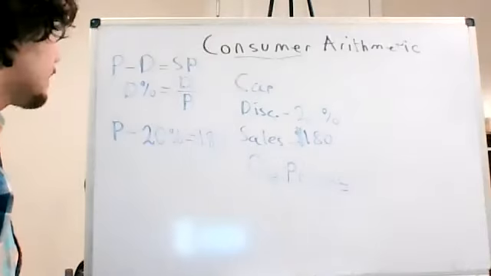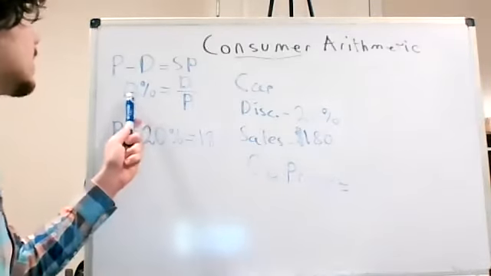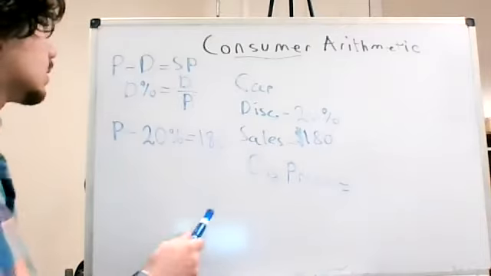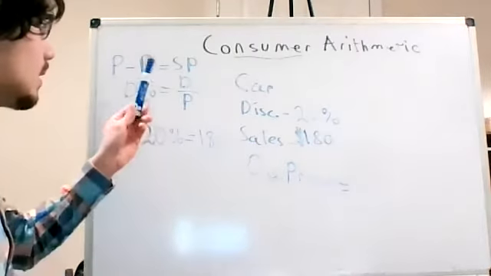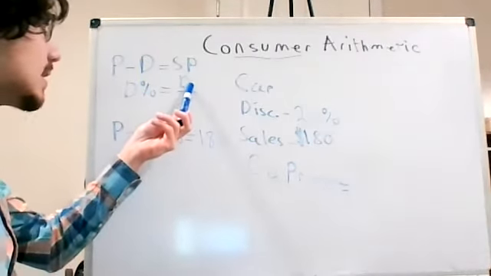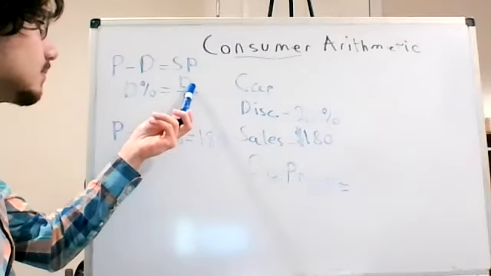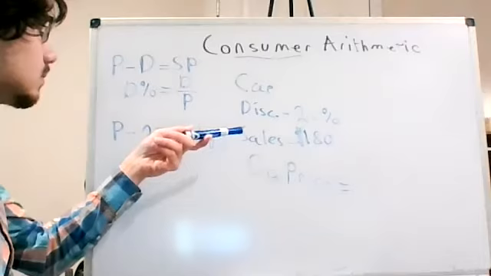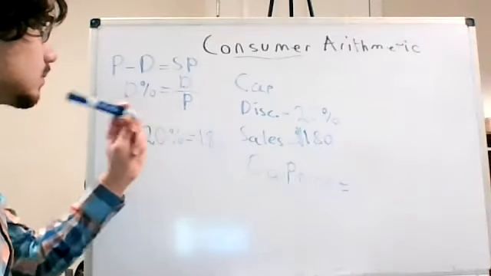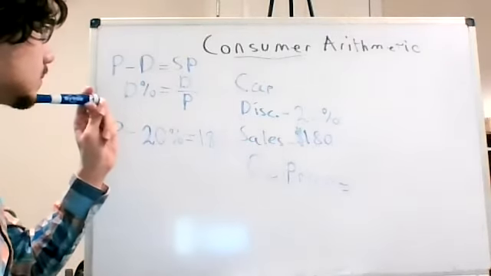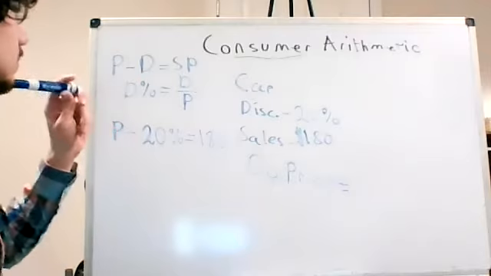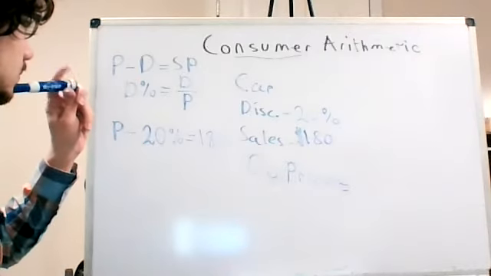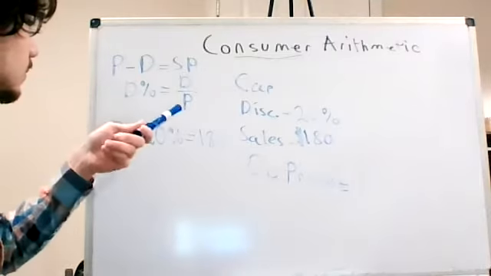So what we do know is this formula, the discount percent. Tell me, what is this D here? That is the discount. It has discount and you get discount percentage. Yeah.